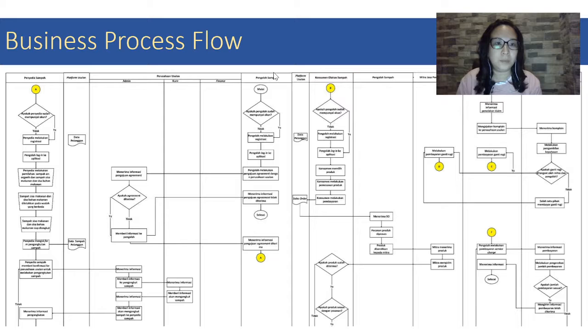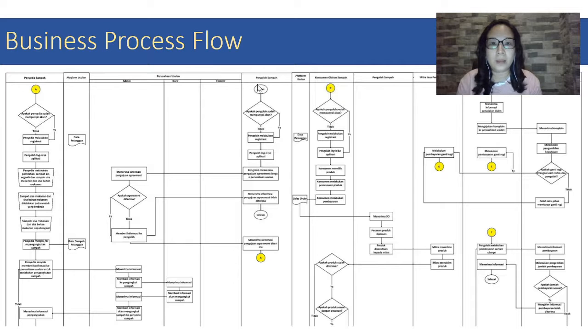So you need to define your actor. For example, you will have the seller, the courier, the bank, the customer itself, and so on. Then you need to put the actors at the top here. You can use VCO to draw this business process flow.